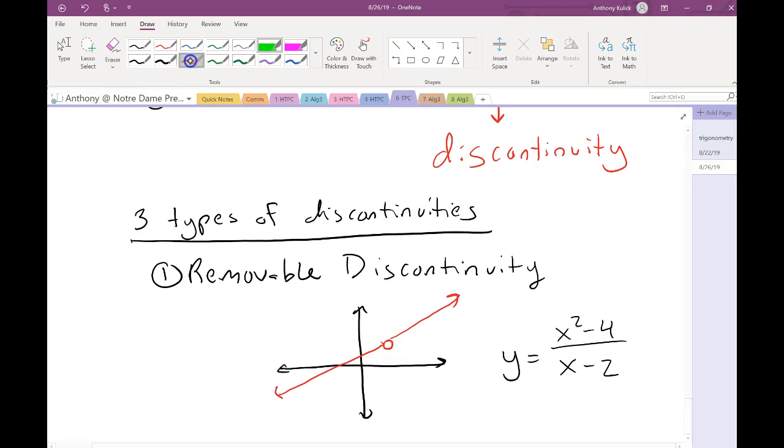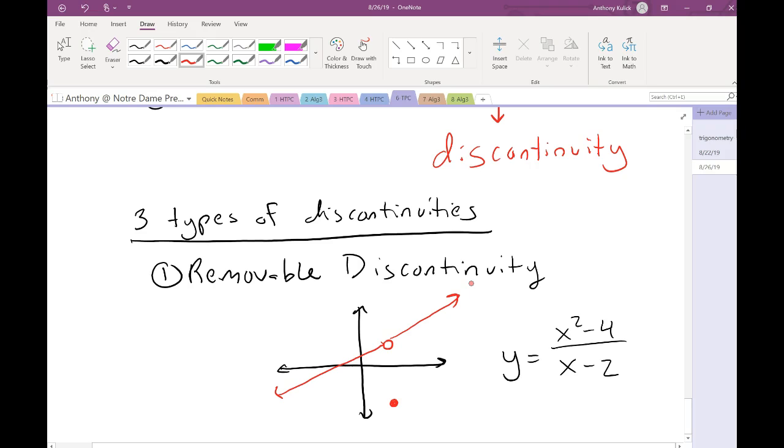We still would call this a removable discontinuity if, say, we did put an extra point on there at that missing x value, but that point wasn't on the curve. Again, because you'd still have to pick up your pencil to draw this. I can draw it to here, then I have my gap, I can put my point in, and I can go back and finish the curve.